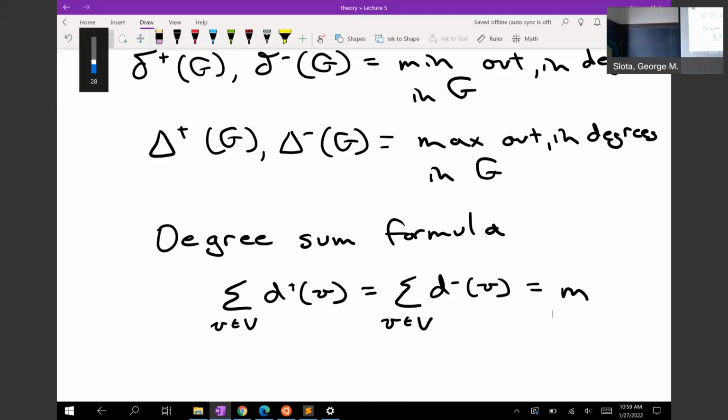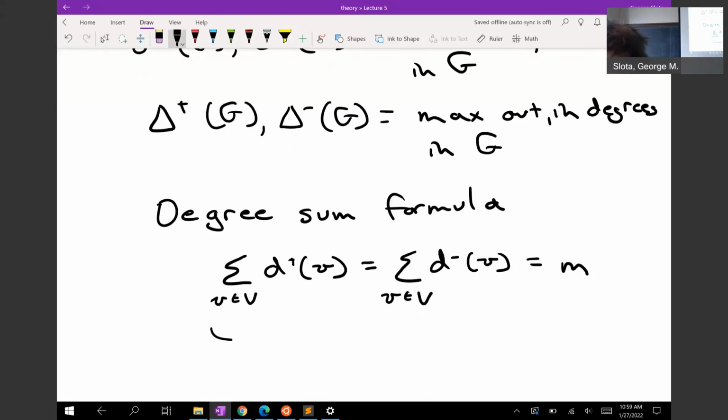Sum of the in degrees equals sum of the out degrees equals m, which is just the cardinality of the directed edge set in our directed graph.